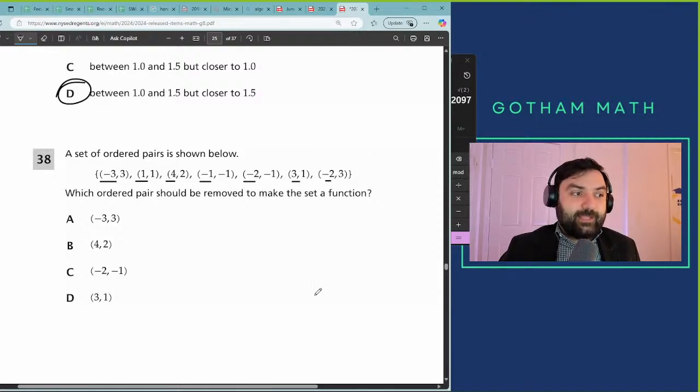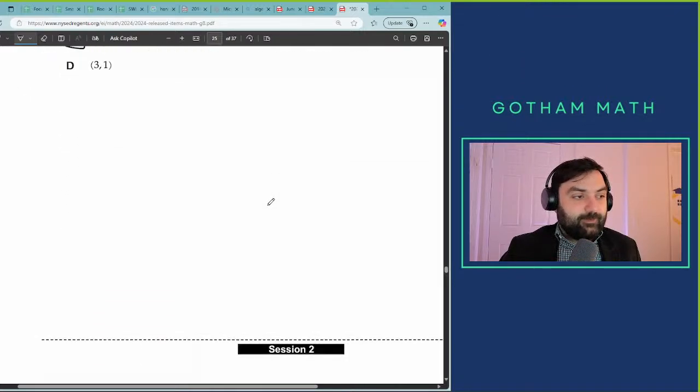Negative 2 is repeated, so we have to eliminate one of them to make it a function. So it's going to be C, because it contains negative 2 for x. Yep. That's it.